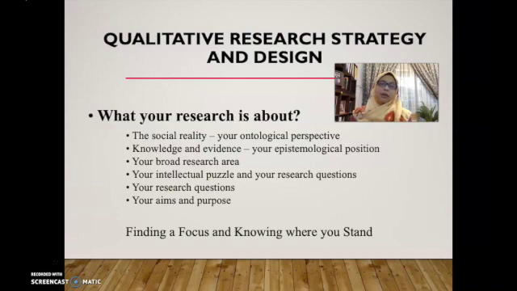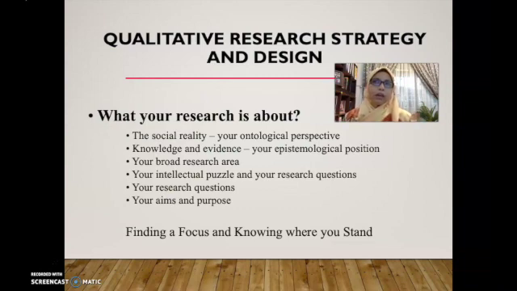So in a qualitative research methodology, there are actually several different kinds of strategy and design that we can use, which can suit the research questions and the aim of our purpose.